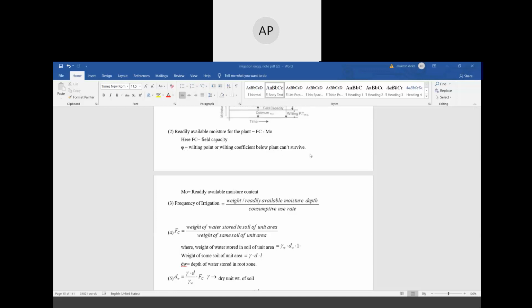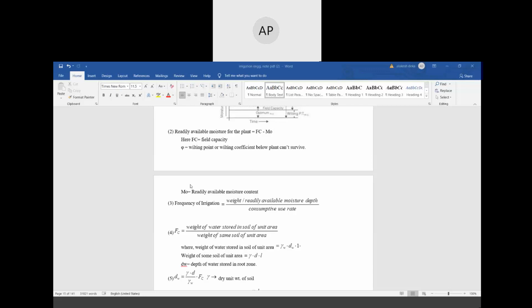So wilting point is that point below which, if the water level goes down, the plant cannot grow further. Wilting point is the lowest point in the water level. If water falls below the wilting point, the plants cannot grow. Okay, that is your wilting point.